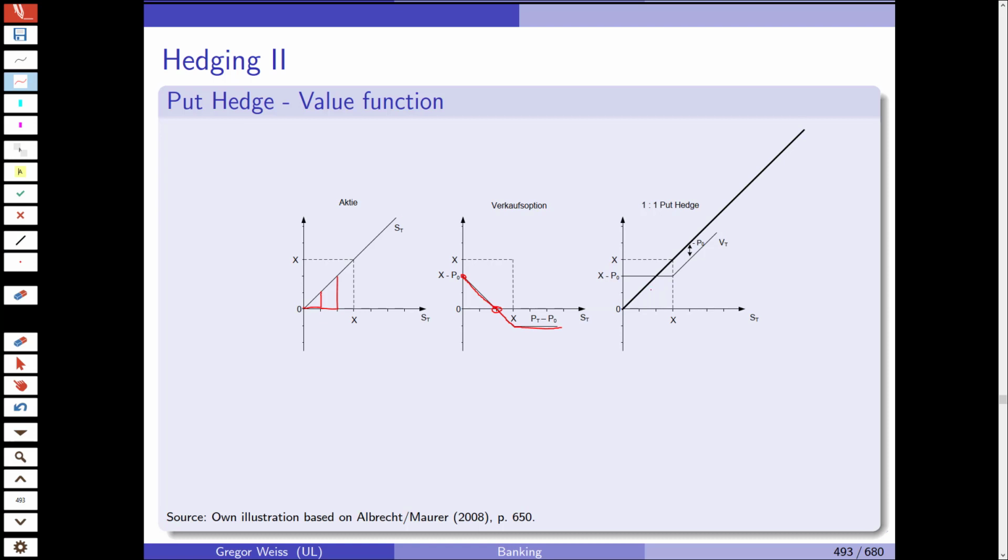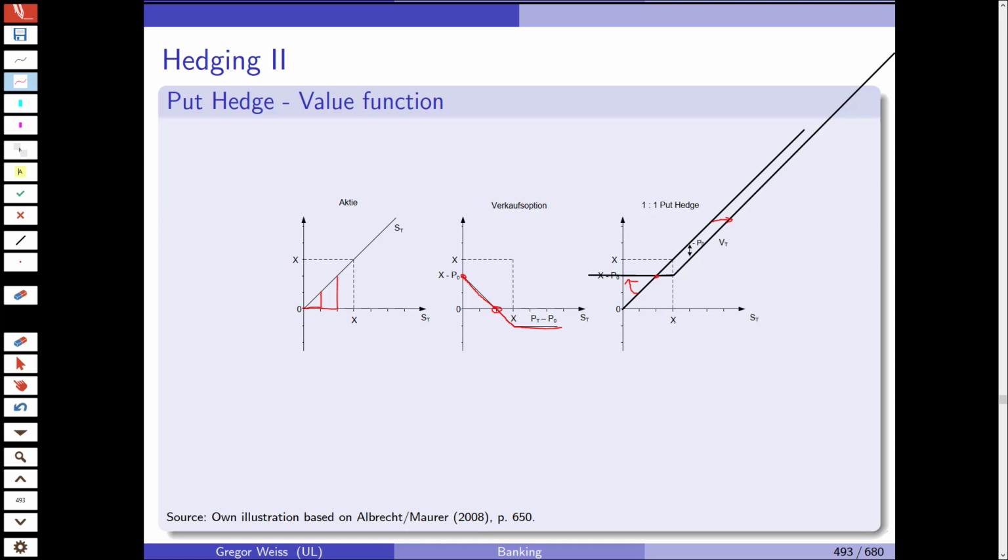And by adding the put option, you can turn this one up here at this point. And you have to pay a slight price for this. So what happens is that actually this line tilts to this point. And this is the price of the hedge, so it looks like this.